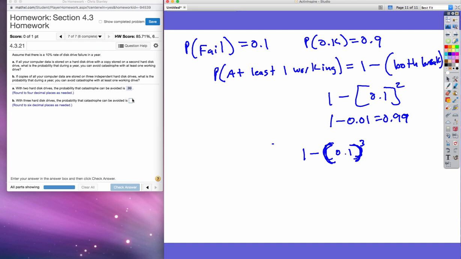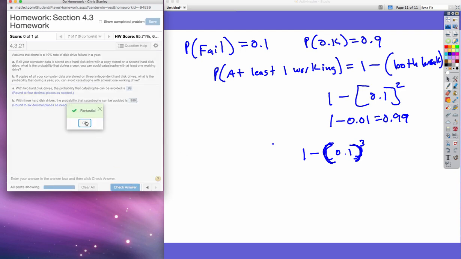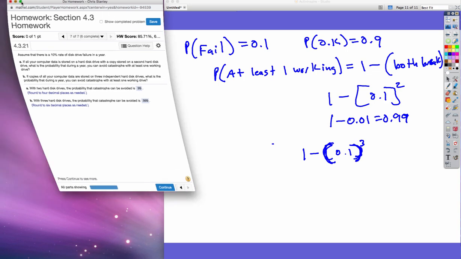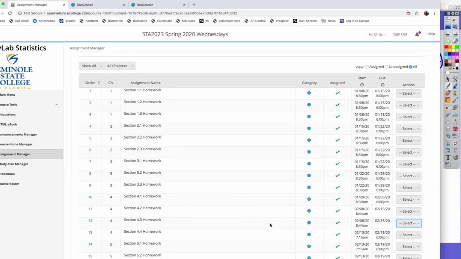So I got 0.999. Okay, so that's chapter 4.3. Let's go to chapter 4.4. And this will be our last section.